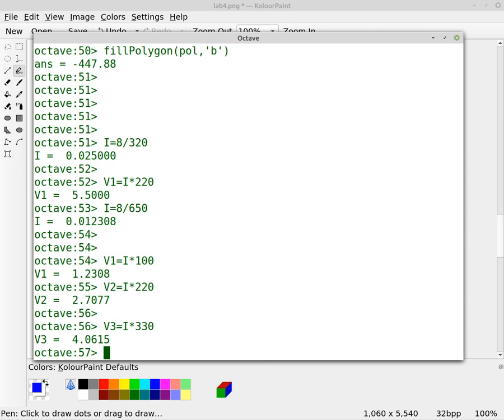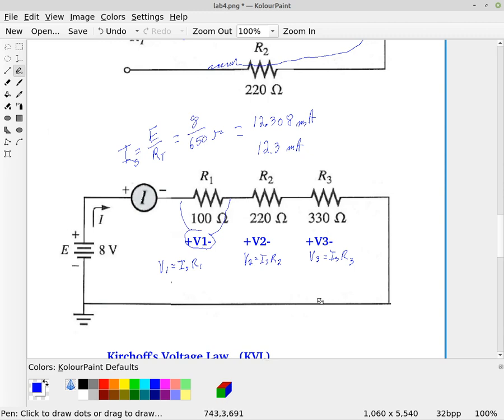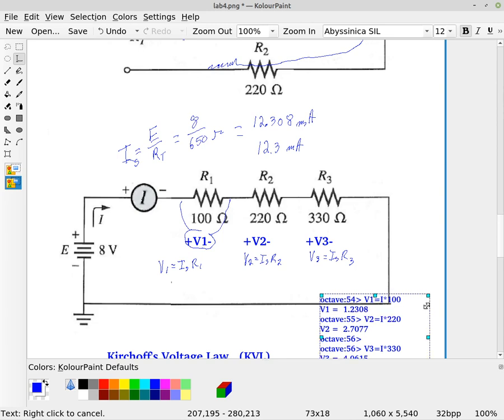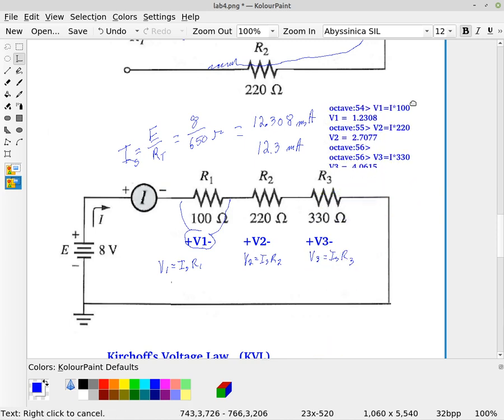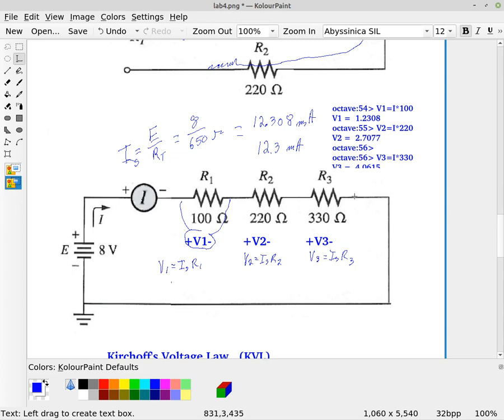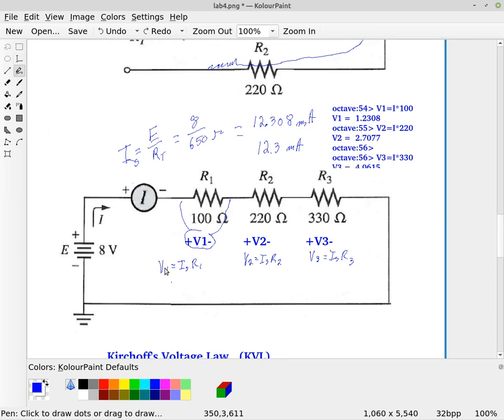All right. So if we're going to put these values in Blackboard, we would record V1 to be 1.23 volts.